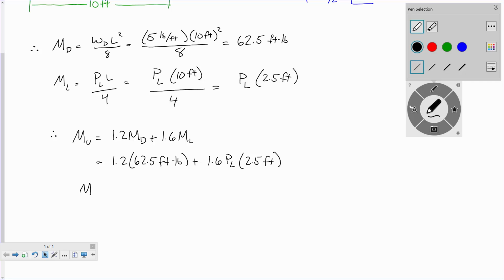So Mu is 1.2 times 62.5, which is 75 foot-pounds, plus P sub L times 4 feet, right? Okay, so if you want, we can call this equation 1.